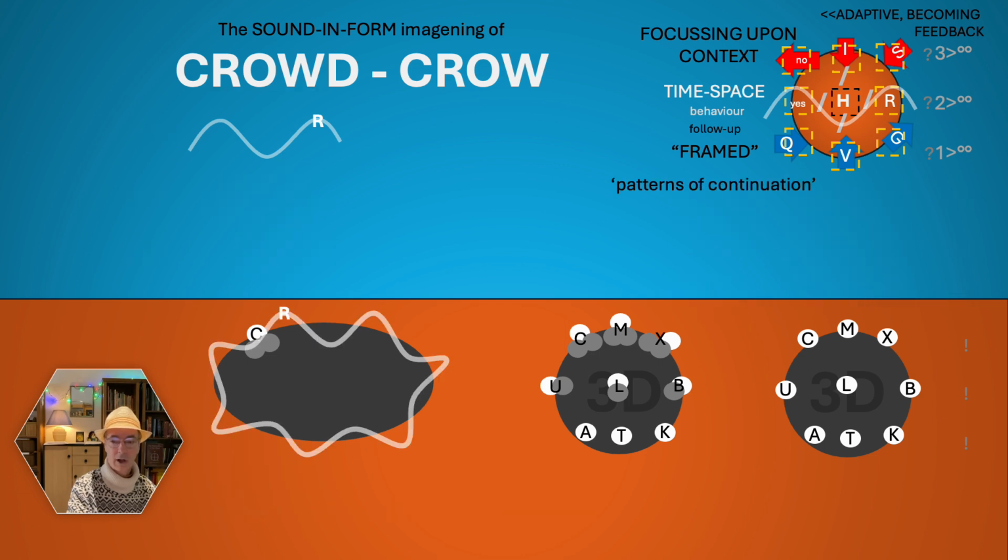So R itself is, of course, there's always the last couple of categories about the time-space behavior, or time-space continuum behavior, about a whole set of behaviors with its own rhythm, with its own definition, and which can repeat itself.